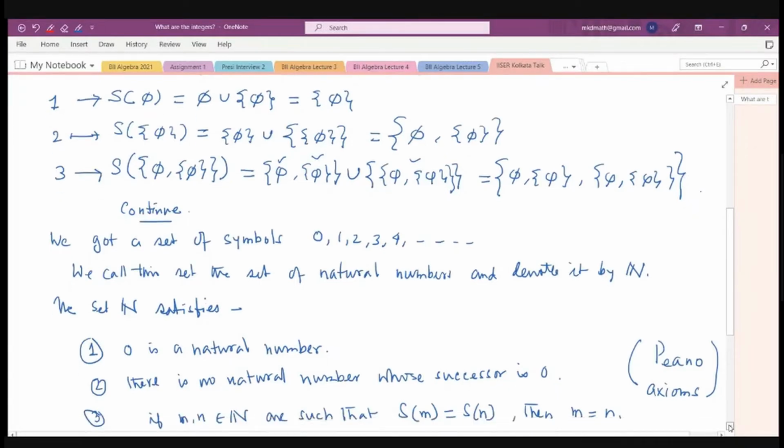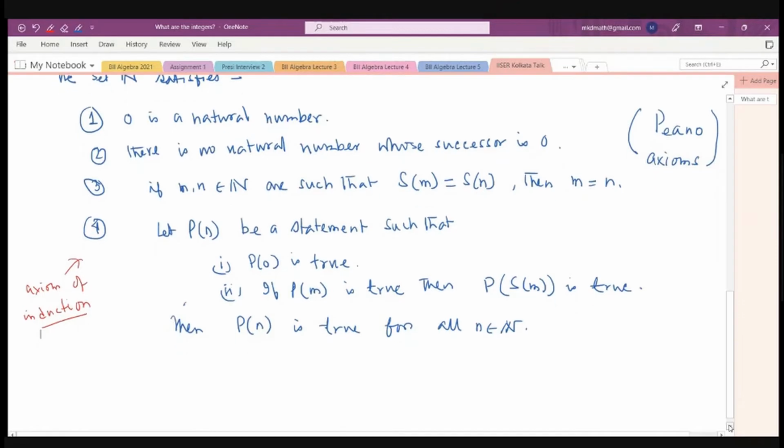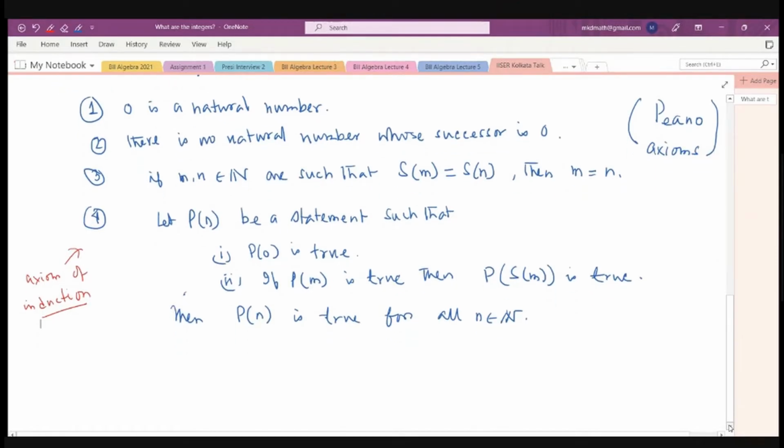Two contains 0 and 1, so that was my next remark. Okay, that's a very good point. So my observation: first one is that every natural number, the way I constructed, every natural number is a set.